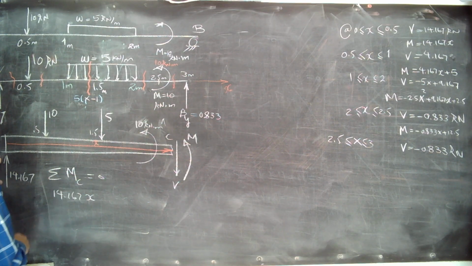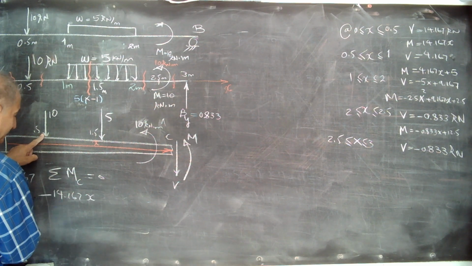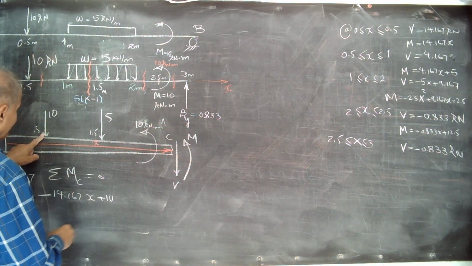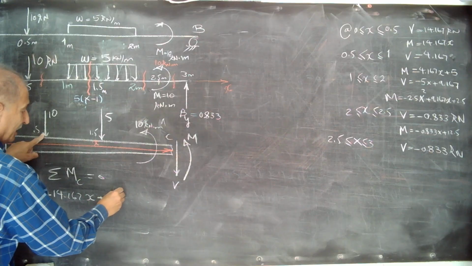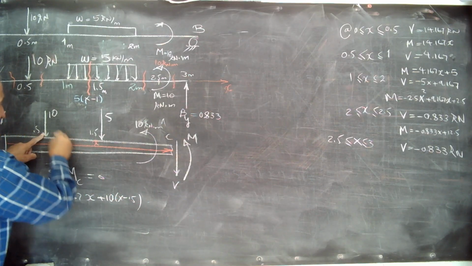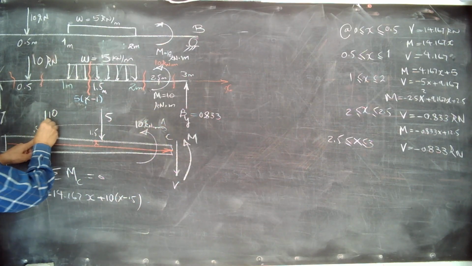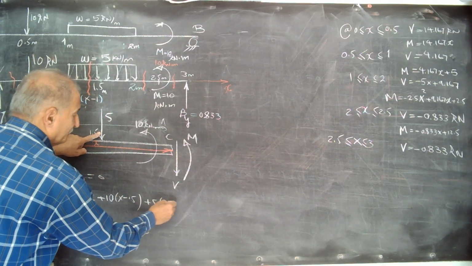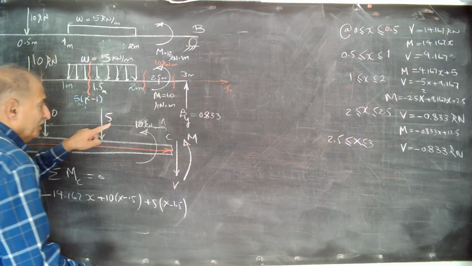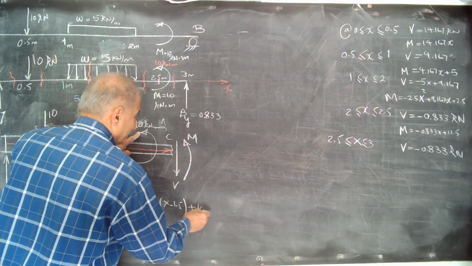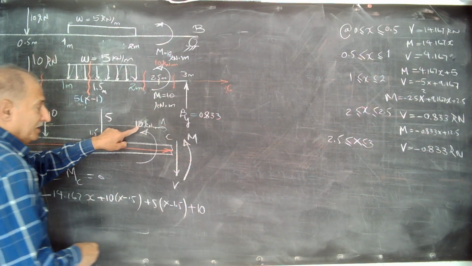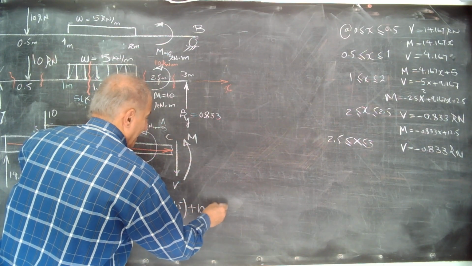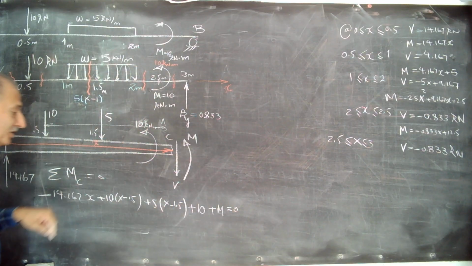Summation of moments at C equal to 0: 14.167 at x, minus, plus 10 at x minus 0.5, this distance, plus 5 at x minus 1.5, plus 10, because it is counterclockwise, plus M equals 0.